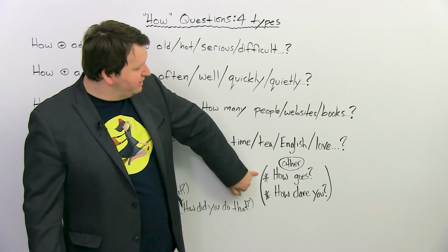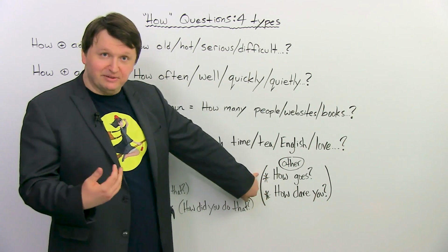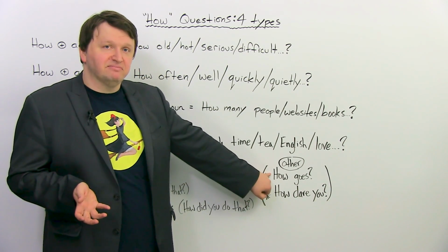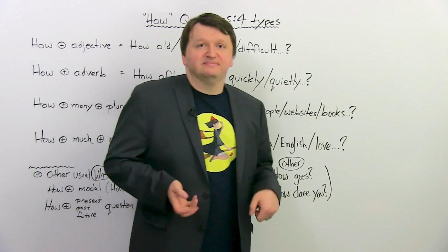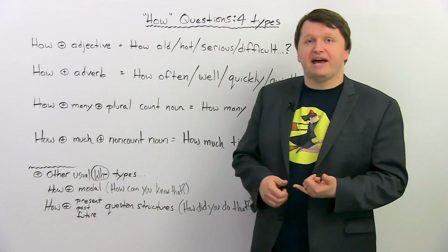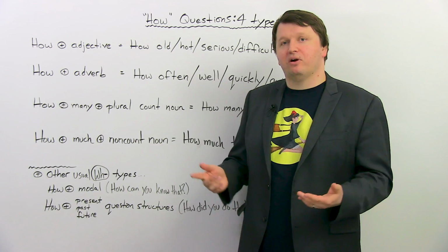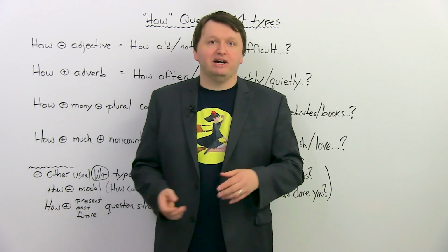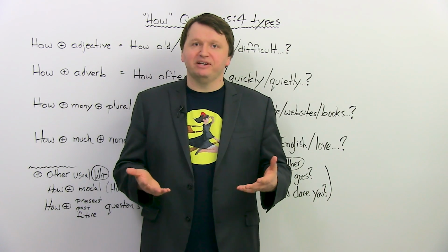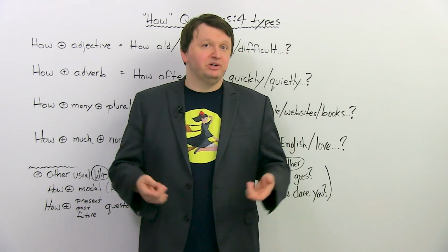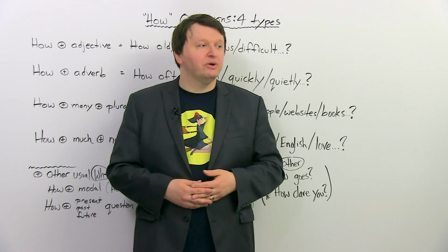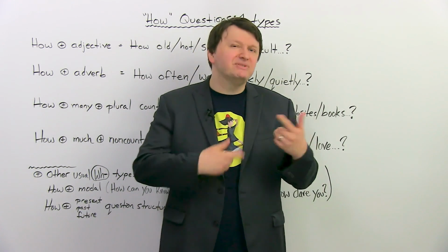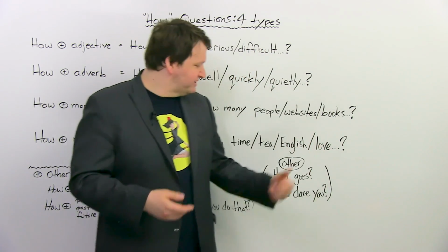So I'm going to give you one informal question that you can ask with how. And the first one here is, how goes? This basically means, how is it going? Or how are you doing? But if you are in a rush and you just want to ask someone, hey, how is it going? You can quickly ask, hey, how goes? Okay, how's it going? What's happening?